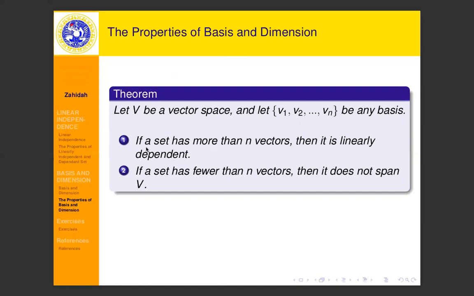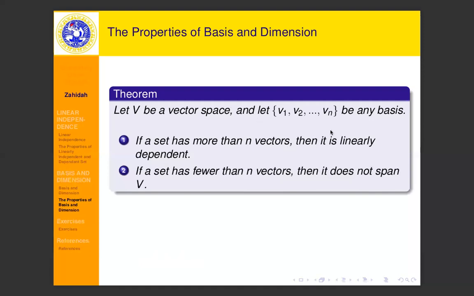If a set has more than n vectors, then it is linearly dependent. If you remember our previous property, if we have r vectors in Rn with r greater than n, then the set is always linearly dependent.